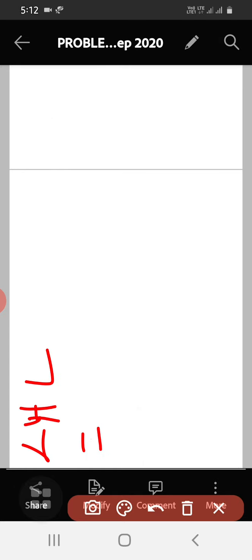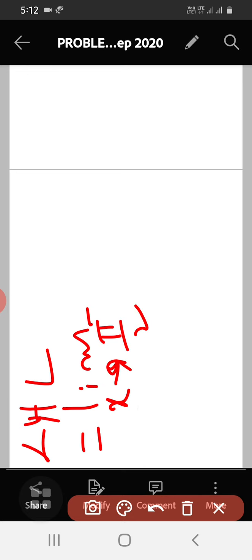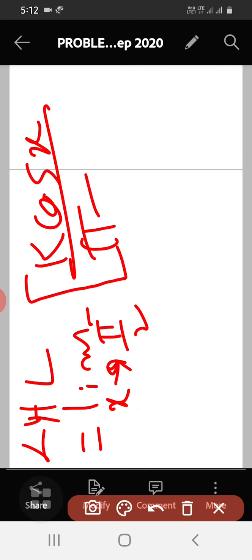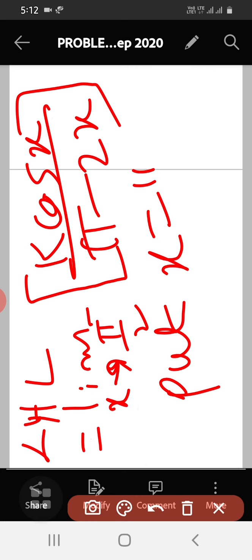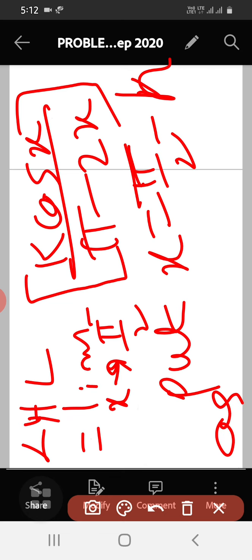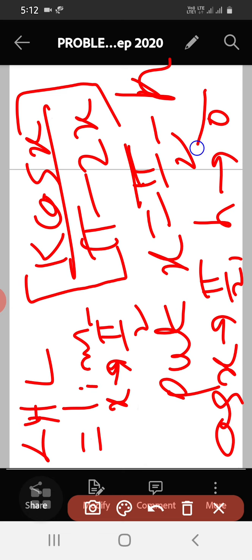So left hand limit is equal to limit x tends to pi by 2 minus k cos x divided by pi minus 2x. What is the procedure to find the left hand limit? Put x is equal to a minus h, where a is our point, pi by 2. As x tends to pi by 2, of course h tends to 0. We have to change the limit in the next step. In the next step I am going to write limit h tends to 0, and instead of x I will put pi by 2 minus h.